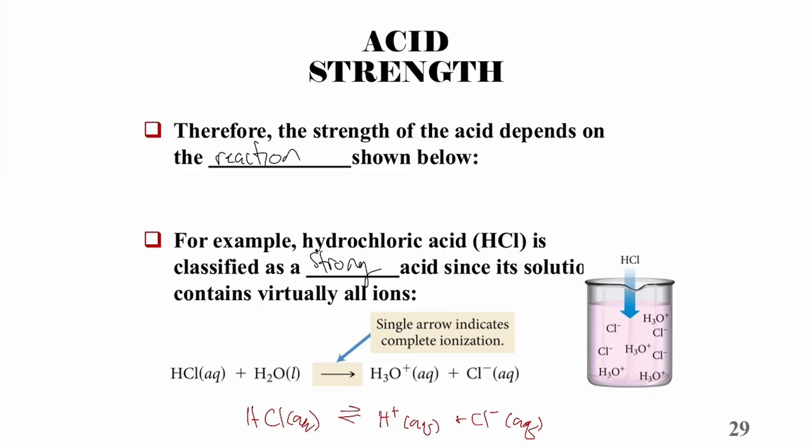And so why might this be useful? Well, if we think about writing an equilibrium constant for this reaction, what would that equilibrium constant look like? What would we omit from it? What would we omit from our expression for the equilibrium constant in this reaction?